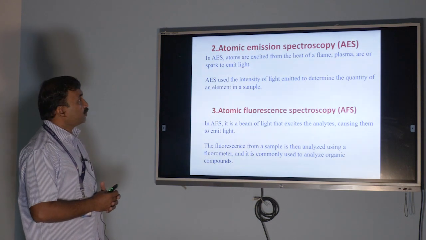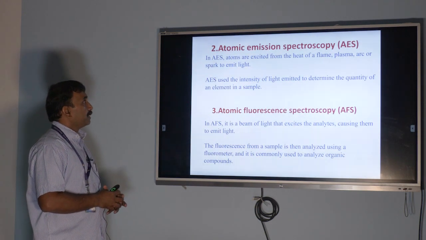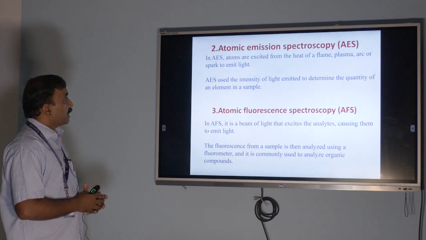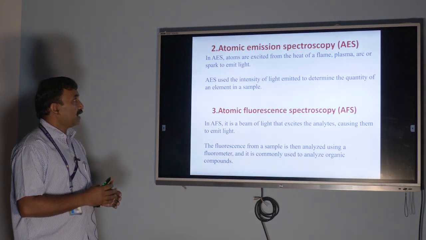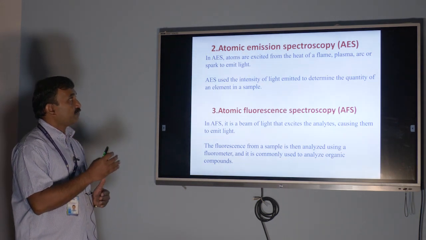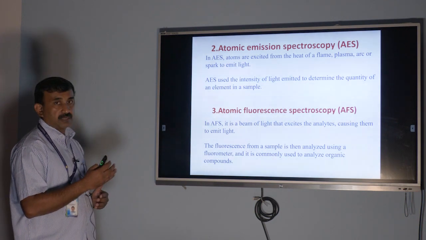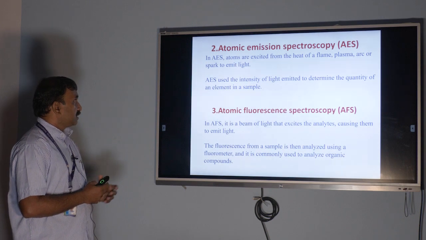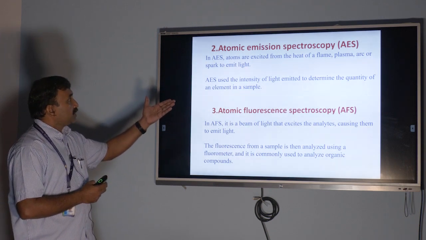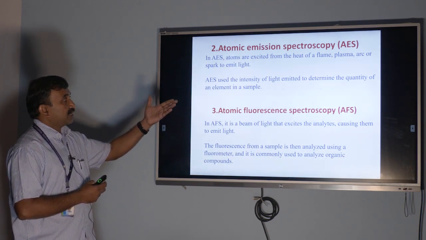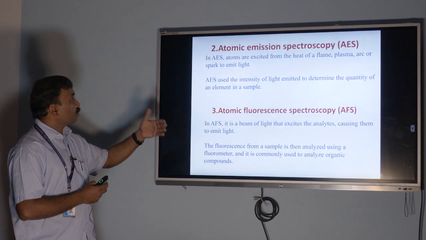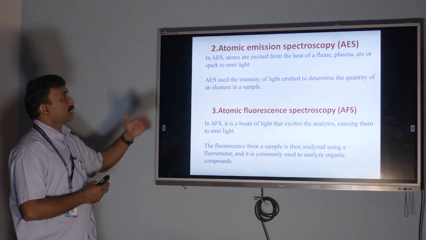The second one is atomic emission spectroscopy. In atomic emission spectroscopy, atoms are excited by the heat of a flame, plasma, arc or spark to emit light. The intensity of light emitted is used to determine the quantity of an element in the sample.